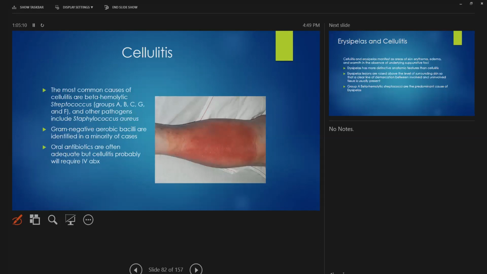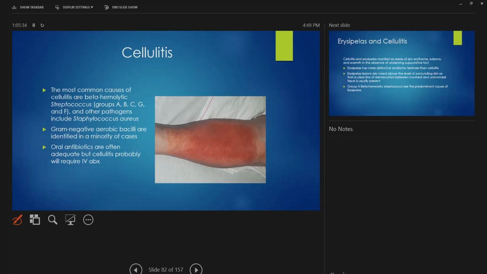Cellulitis. So cellulitis is just an infectious process that involves the skin, right? It's fairly superficial. A lot of times it's caused by Streptococcus group A, B, C, G, or F. Other times you can have Staph aureus as well.